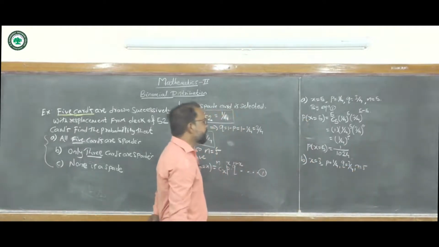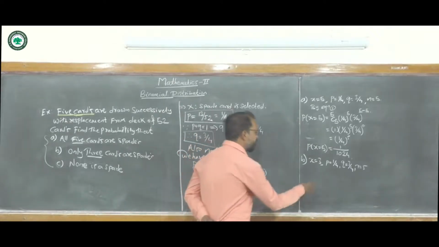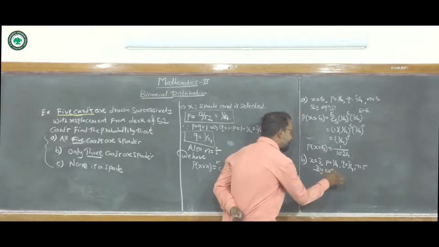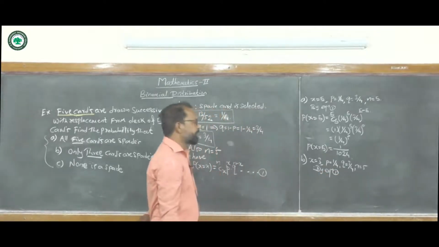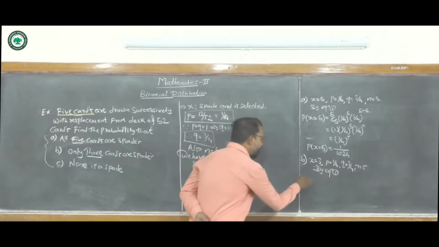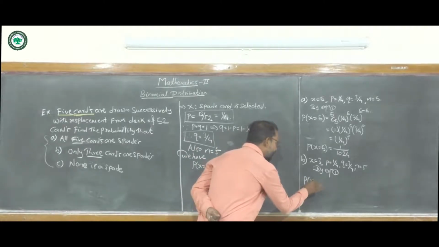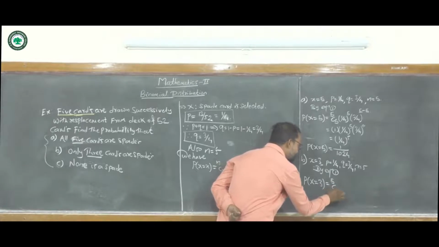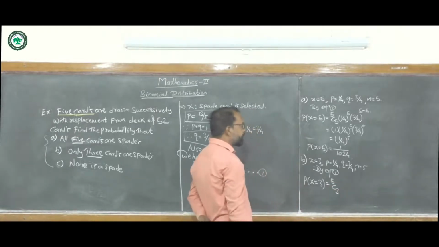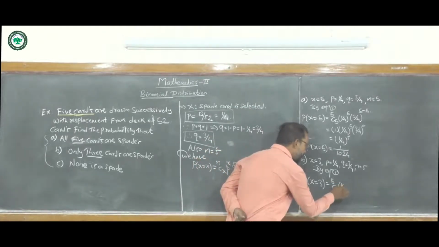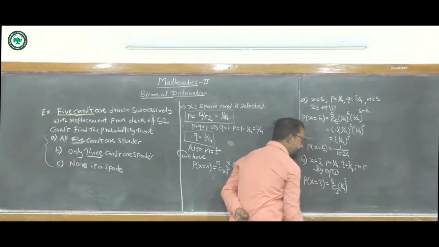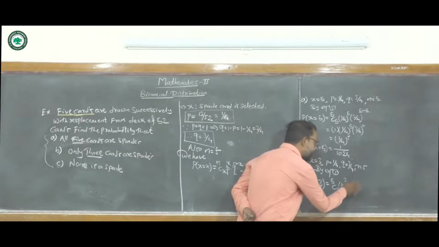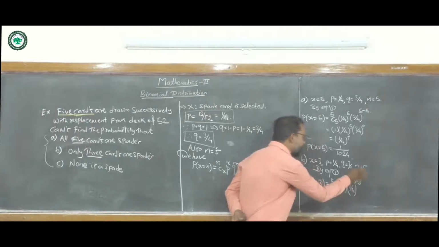Now again putting all these values in equation 1, the probability of x equals 3 is 5C3 into 1 upon 4 raised to 3 into 3 upon 4 raised to 5 minus 3.